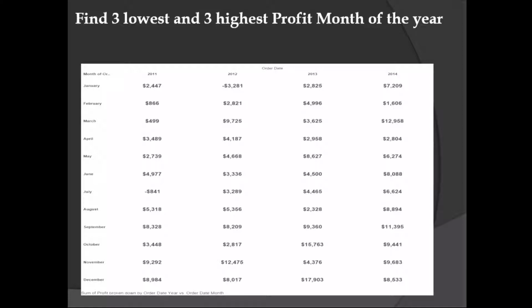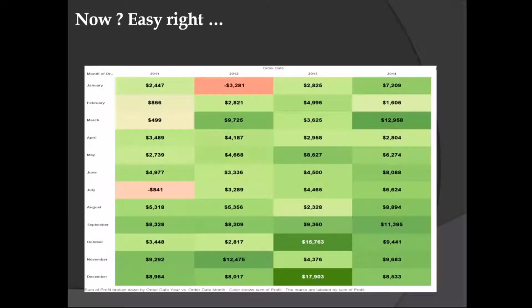So what we can do is highlight this table using color, then it will be very easy. We'll do that in the interest of time. See, using a highlight table, I have color coded it. The dark green is the highest profit and the dark red is the lowest profit. Now, without even scanning, within a fraction of a second you can tell that December 2013 is the highest profit and January 2012 is the lowest profit.